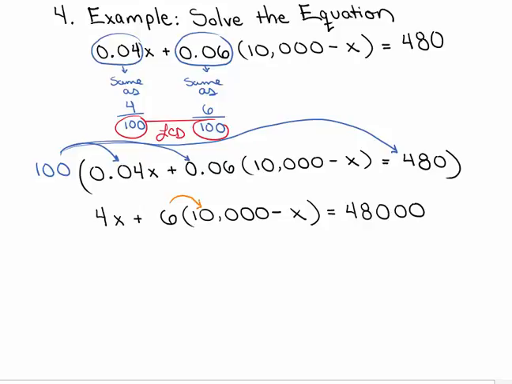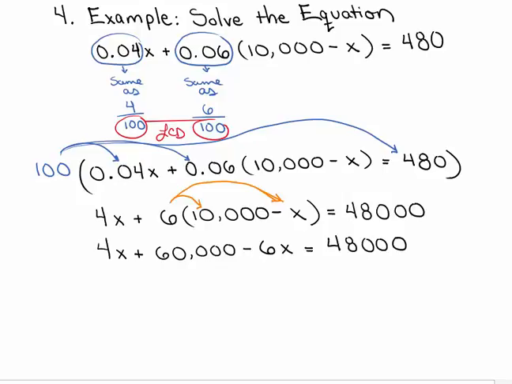Now we're ready to distribute the 6. 6 is going to get multiplied here with the 10,000 and with this minus x here. So we have 4x plus 60,000 minus 6x equals 48,000.